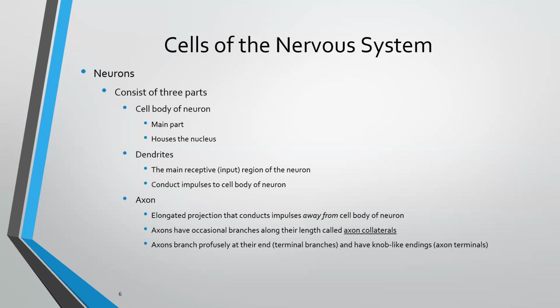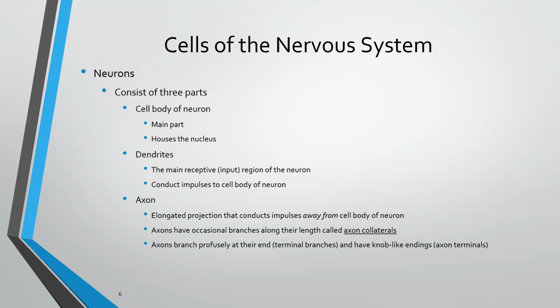So axons have occasional branches along their length called axon collaterals. And they have branches at the end, which are called terminal branches, and they have knob-like endings called axon terminals. All right, so what is the direction of neural transmission from sensory neurons and motor neurons?